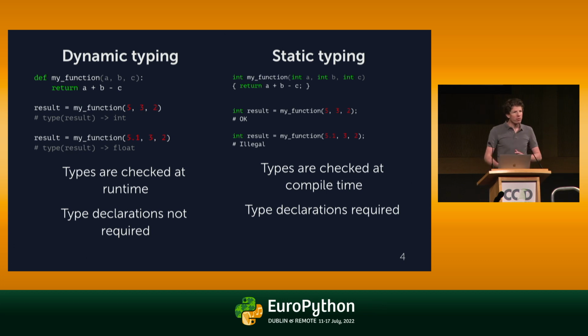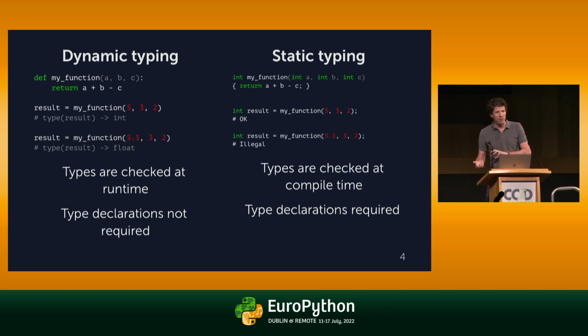So there are pros and cons of both kinds of languages. With dynamic typing, you don't have to really worry so much. As long as the arguments that you put in there work with the operations that you do in the function, everything's fine. But if something's not fine, you might only find out at runtime, maybe after quite a while of running, or maybe on a machine of someone else who uses your code. And that's not so nice.